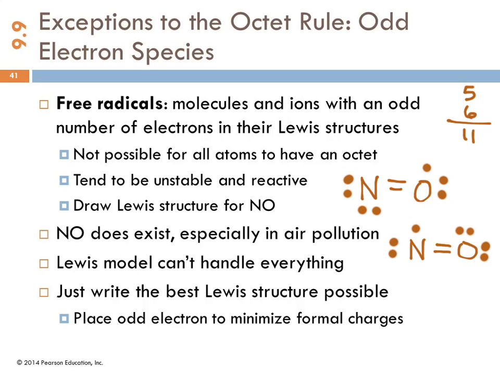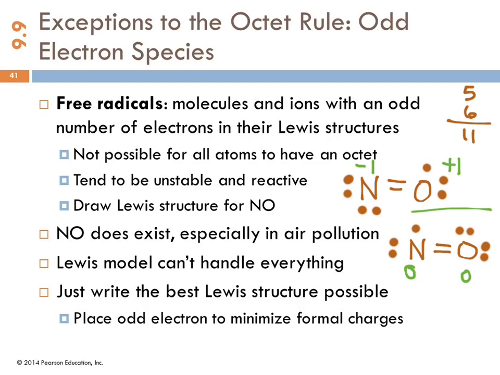Owns 6, came in with 5, so he has a formal charge of -1. The oxygen has 6 valence electrons, and here has 1, 2, 3, 4, 5. So +1 charge. Let's look at the other one. What's the formal charge on nitrogen here? 0. And on the oxygen? 0.